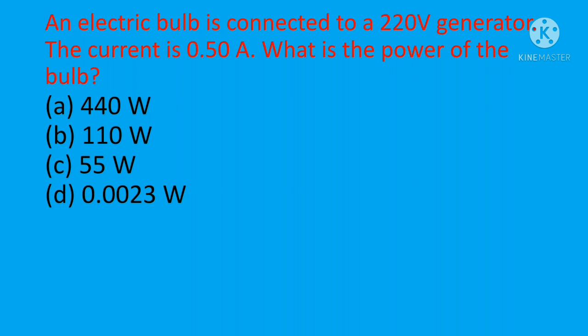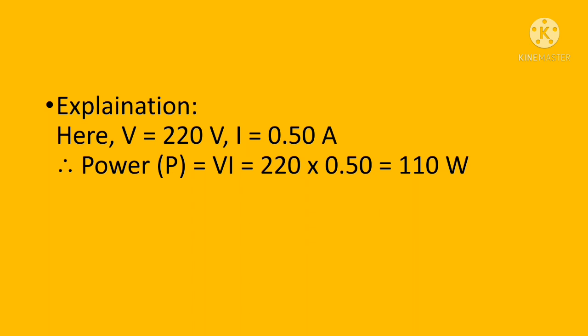What else is given here? The voltage is given, that is 220 volt, and current I is given. Then what should be measured? You should calculate the power. So let us see the calculation. Here V is equal to 220 volt, I is equal to 0.5 ampere, and you know the formula, power is equal to V into I, that is 220 into 0.5.